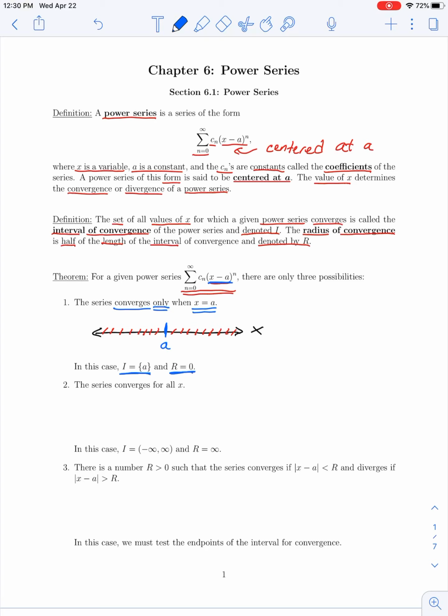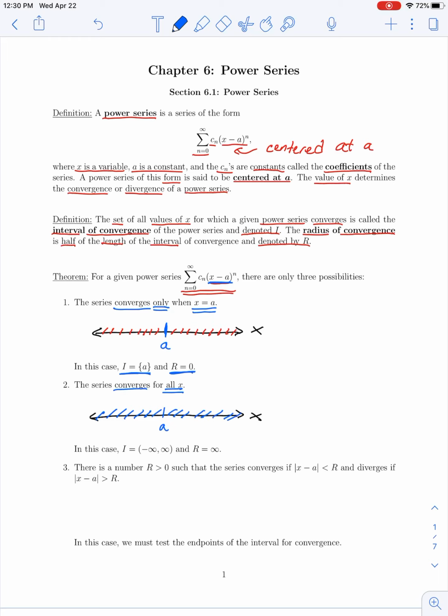Now, the next case that we'll consider is that our series converges for all values of x. This is the best case scenario, where no matter what value we have for x on our number line, we're guaranteed convergence. So our power series could be thought of as being centered at a, and then for every value of x, we have convergence.